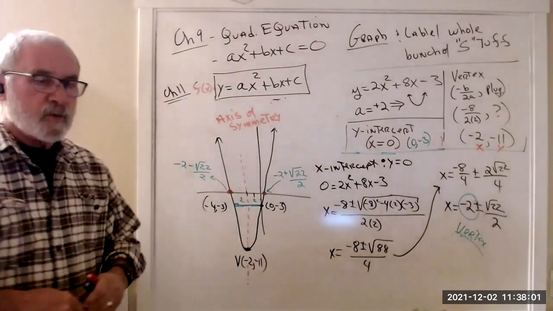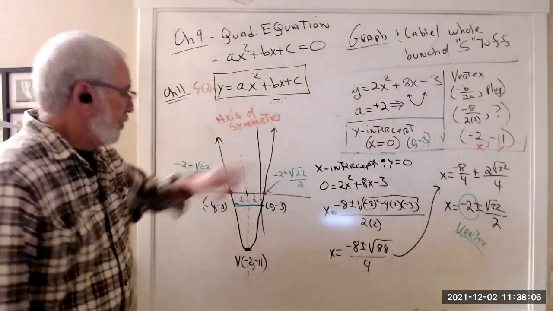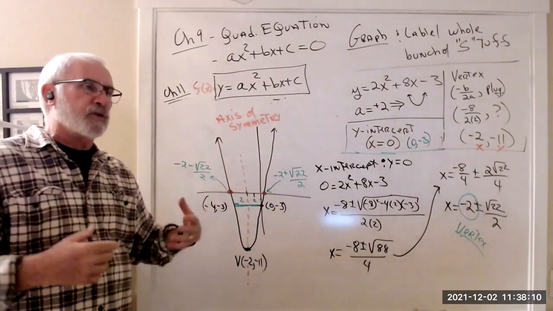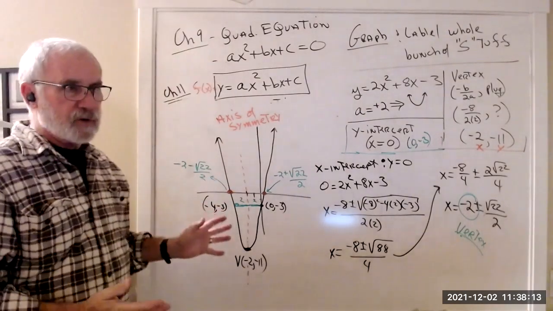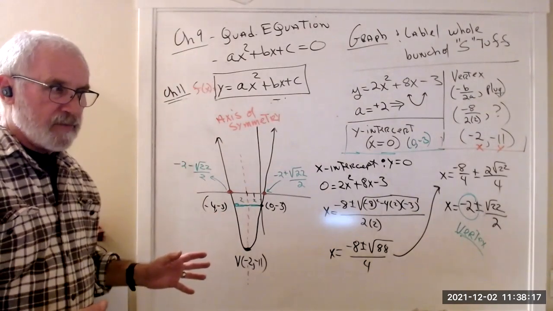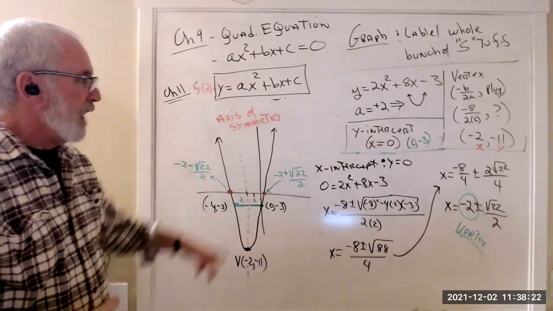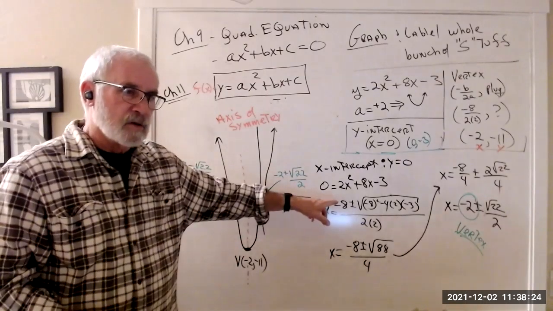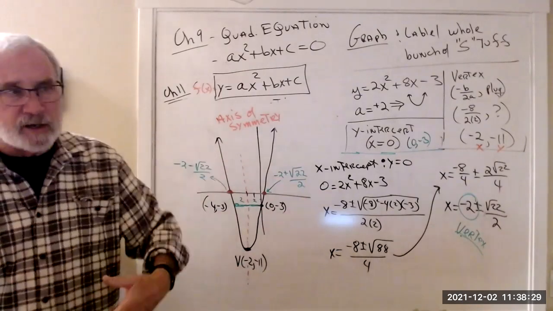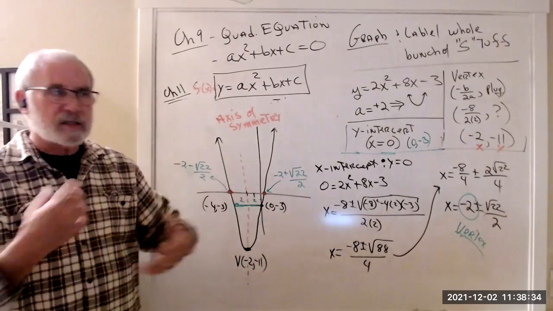So we'll do another problem. Don't panic. I won't always ask you for all of this stuff on a single problem. That's too much. But on one problem, I might say, find the vertex and the x-intercepts. Another problem, I might say, find the vertex and the y-intercepts. I'm going to mix them all up.